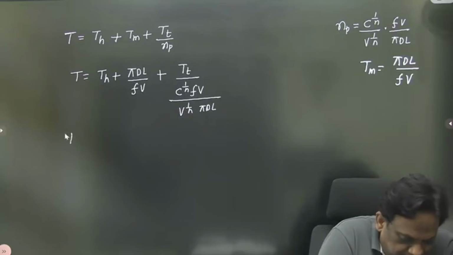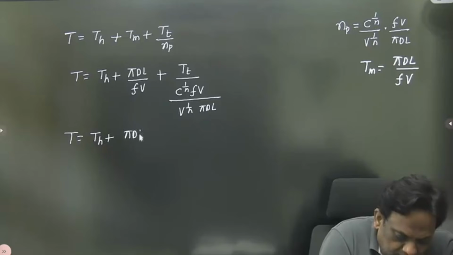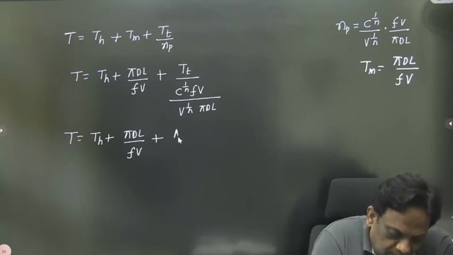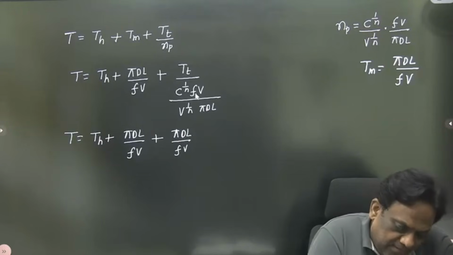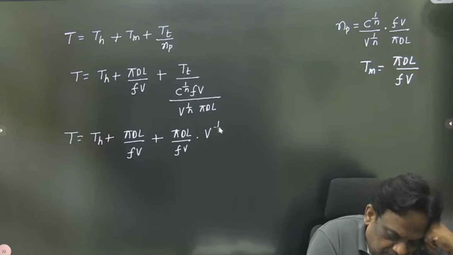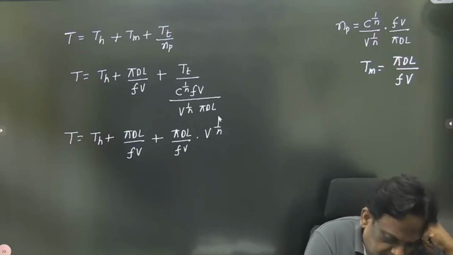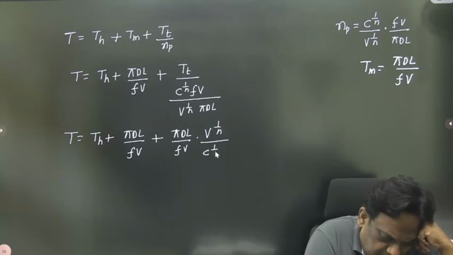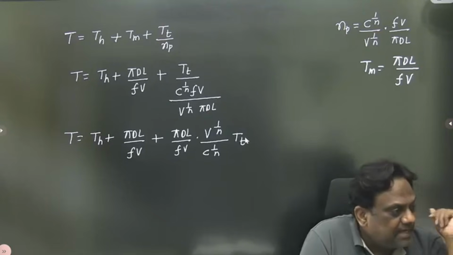So therefore T will be equal to TH plus pi dl by FV plus, ये ऊपर जाएगा, pi dl by FV. This will go to the top. Pi dl by FV into V power 1 by n, pi dl V power 1 by n FV by C power 1 by n into TT. Please tell me, is it clear, sir?